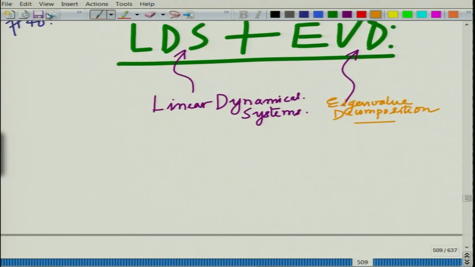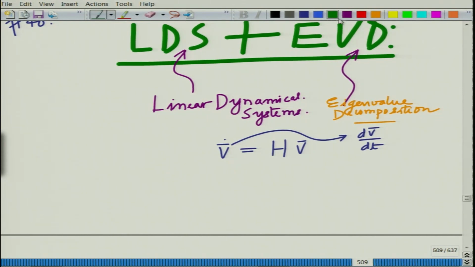Now, we remember the fundamental equation is V bar dot equals H V bar, where V bar dot is nothing but dV bar by dt.